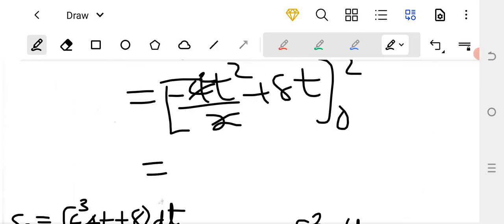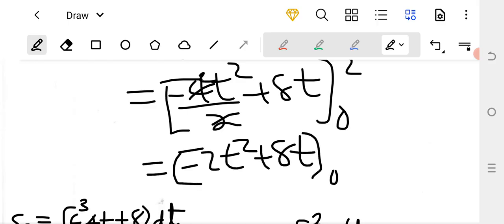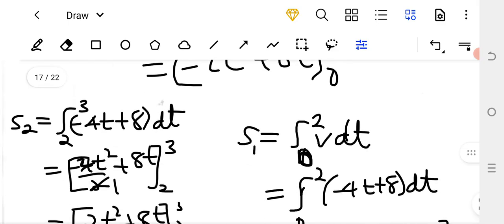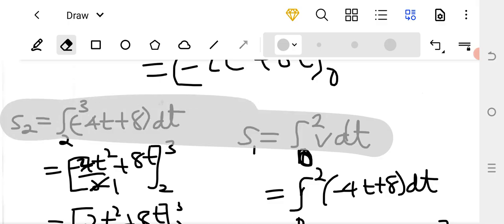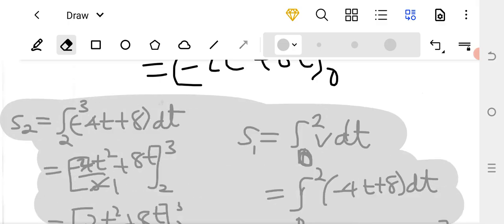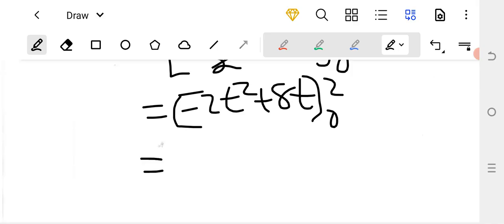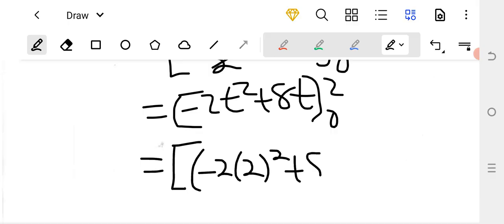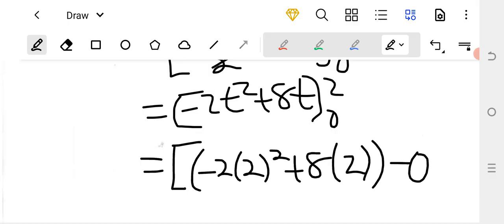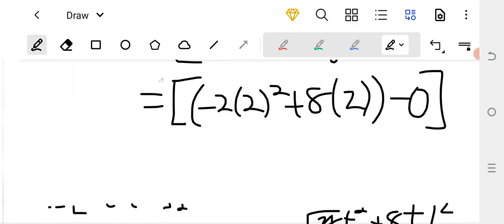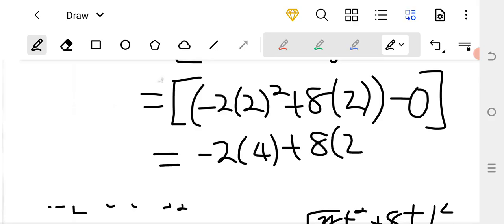Here we're going to have a positive 2, so minus 2t squared plus 8t from 0 to 2. So we already did this working, but just to not gamble, let us repeat what we already did, because it's a new question. It is equal to, you put the brackets, negative 2 multiplied by 2 squared plus 8 multiplied by 2, then minus 0, which is equal to negative 2 times 2 squared, which is 4, plus 8 multiplied by 2.